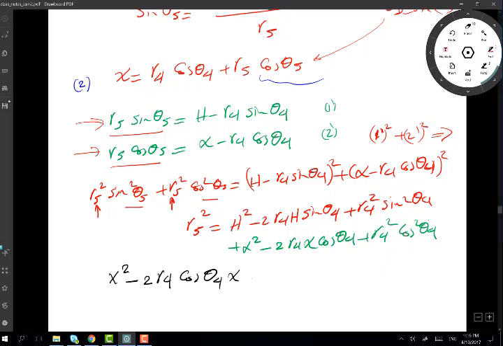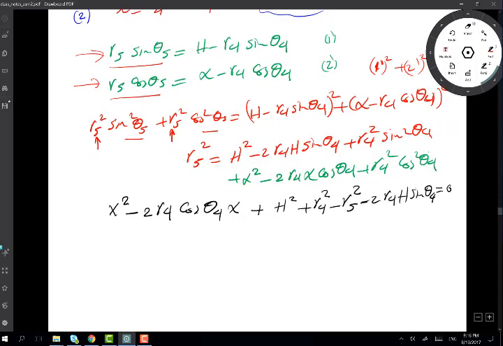And then I'll have all those other terms: plus h squared plus R4 squared minus R5 squared minus 2 R4 h sine theta 4 is equal to 0. So now I have my quadratic, whereby all this will be c, this here is b, and you can solve to find two values for x.